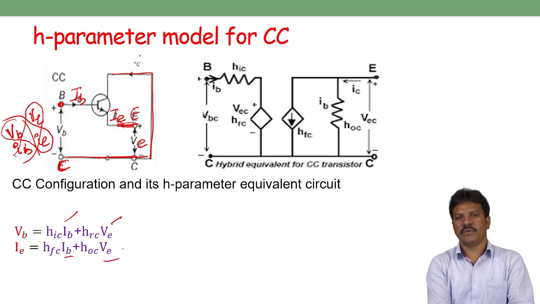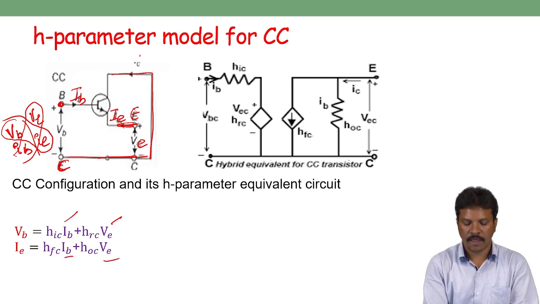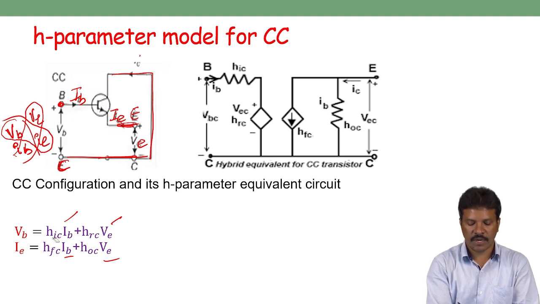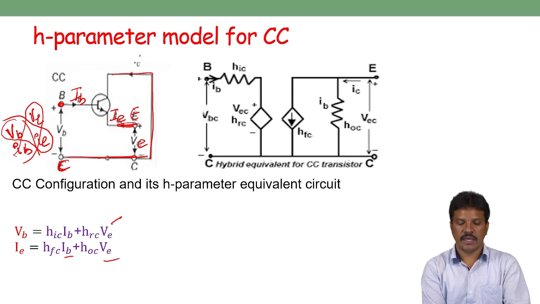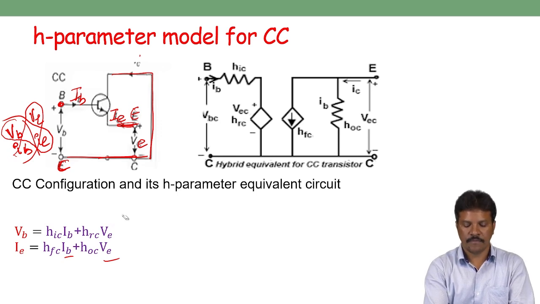In terms of IB and VE, we can write down the H parameter equations. The first, V1, is equal to H11 I1 plus H12 V2. H11 is the input impedance, HI. For the common collector we represent it with a small c: HIC IB plus HRC VE.